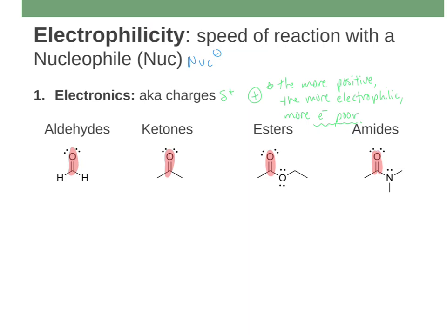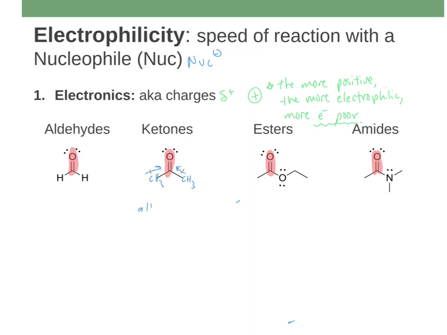If I compare just the aldehyde versus the ketone, the aldehyde just has H's on it. They're kind of boring. They don't really do anything. They don't withdraw, they don't donate electrons. But the ketones, this one here, for example, has a CH3 and a CH3. Remember that alkyl groups are weak electron donors. So they actually donate electrons weakly, right?